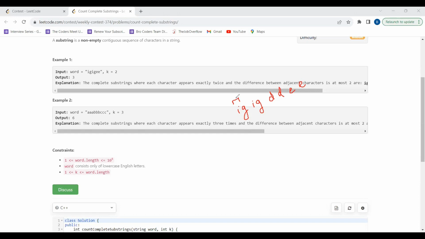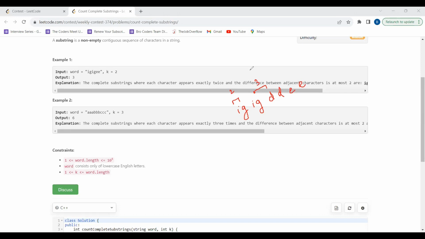It is 2. What's the difference between the ASCII values of G and D? It is 3, more than 2. So can these two elements exist adjacent to each other?